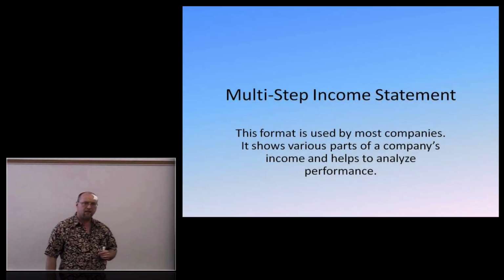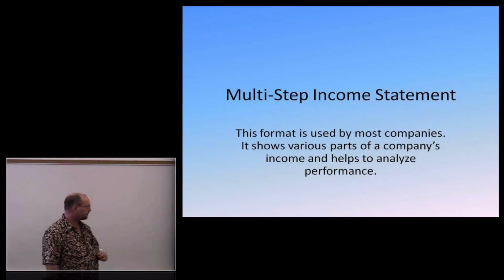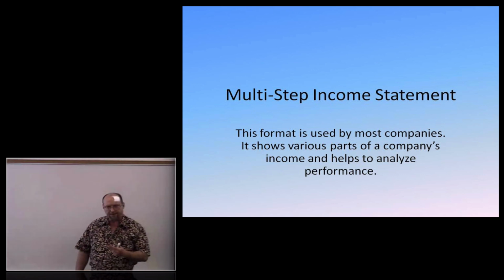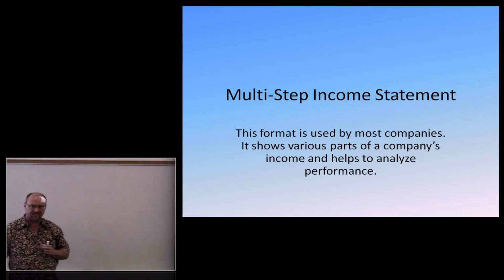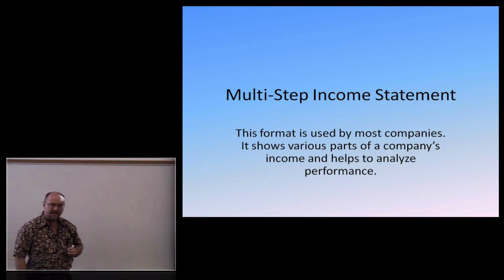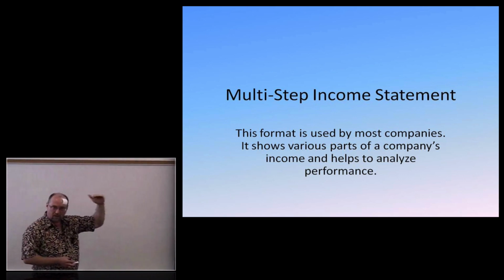Now we're going to look at the multi-step income statement. In the first few chapters, when we prepared an income statement, we used what was called a single-step income statement. And single step simply means all revenues were put on top.